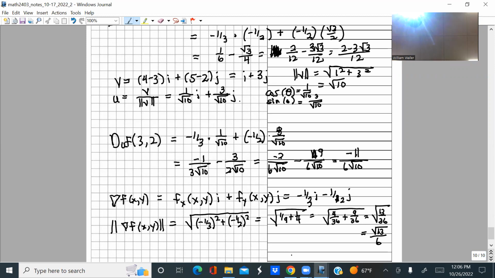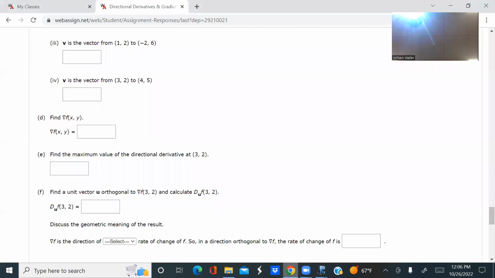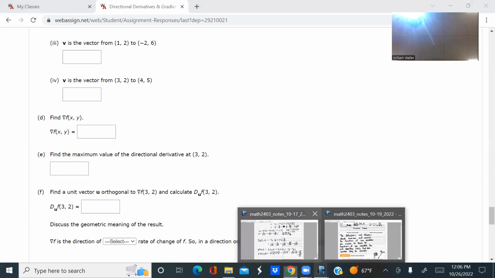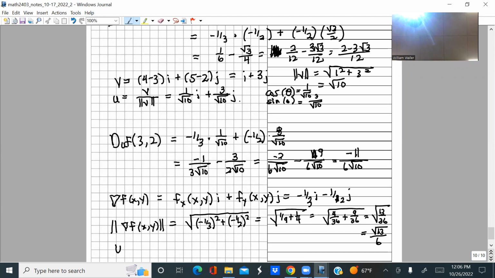All right. Did they give a name for this vector that we're looking for? U? Okay. So you're telling me that if I take this hypothetical vector U and I take the dot product of that with the gradient, that's the name for the gradient, then I'm supposed to get 0, right? Okay, so that's the clue that we're going to use.